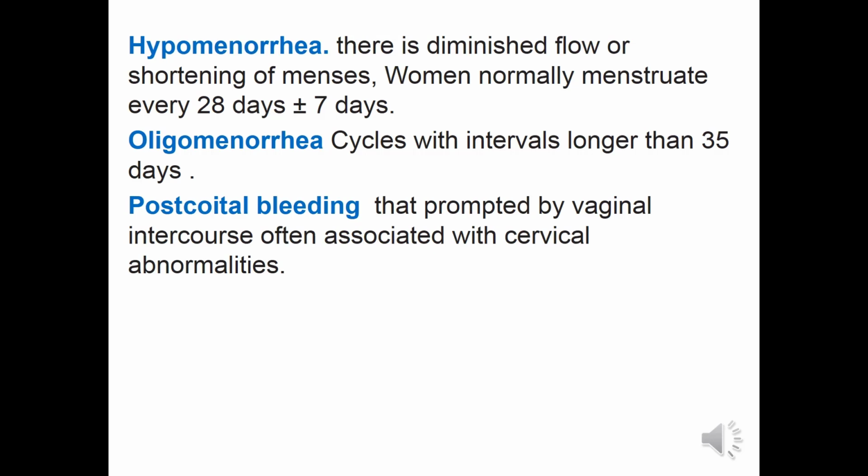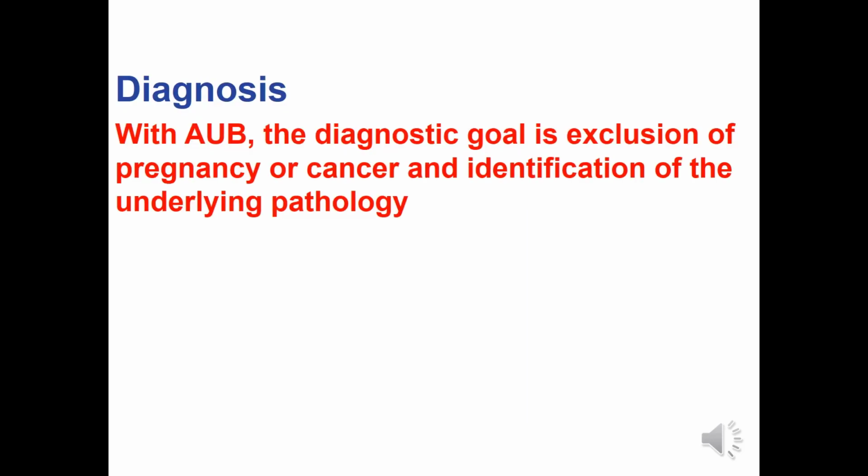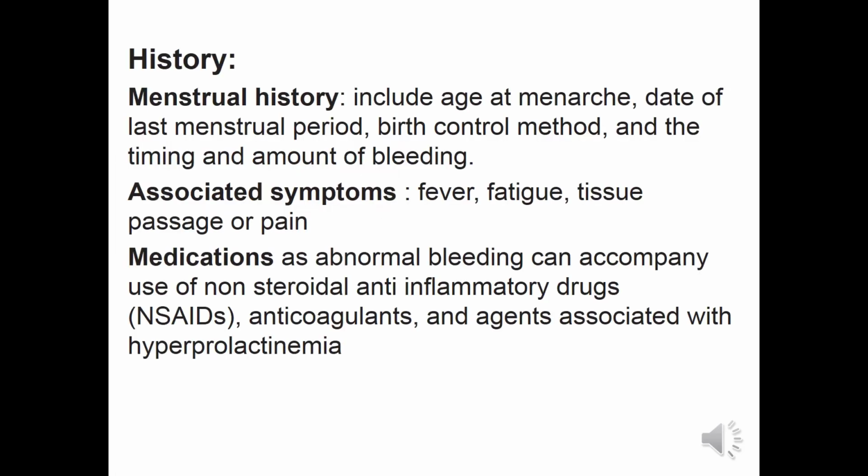Diagnosis. With abnormal uterine bleeding, the diagnostic goal is exclusion of pregnancy or cancer and identification of the underlying pathology. Menstrual history includes age of menarche, date of last menstrual period, birth control method, and the timing and amount of bleeding.